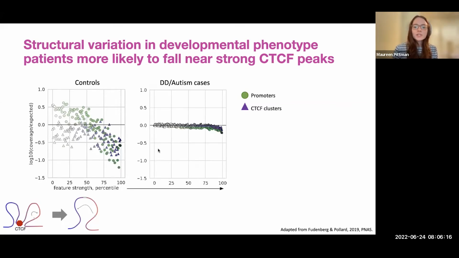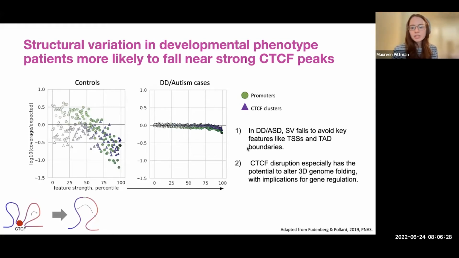And what was found in cases of developmental delay and autism is that structural variation fails to avoid those landmarks, to avoid both promoters and CTCF clusters. So the takeaway here is that structural variation, we do see it happen more in cases compared to controls at these key regulatory features.